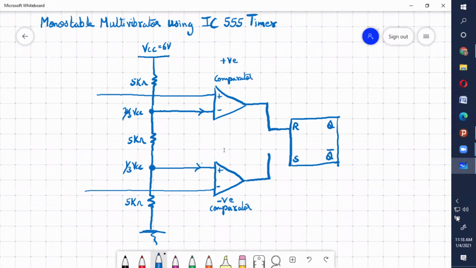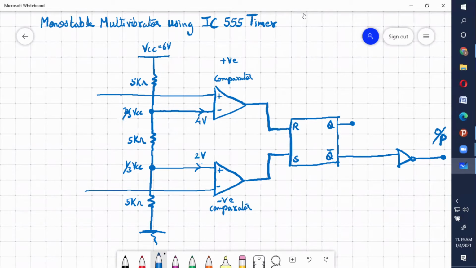If I apply VCC is equal to 6 volts, 2/3 of 6 volts is how much? 4 volts. Here it is 4 volts. Here it is how much? 2 volts, right? Okay.